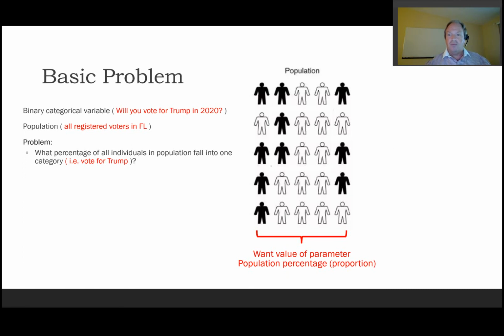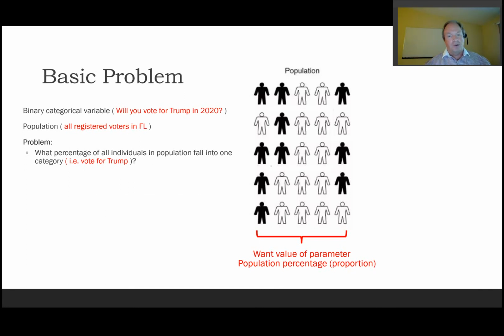So if I was an omniscient being and I knew every registered voter, their yeses and nos, whether they were going to vote for Trump or not, what would I want to do with all those yeses and nos? What's the one number I would want to compute? Well, I'd want to compute the percentage of the values that were for Trump. And so our parameter, when we have a categorical variable, is a population percentage. And sometimes we use the word proportion for percentage.